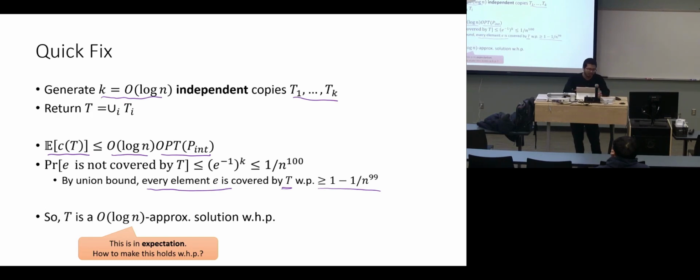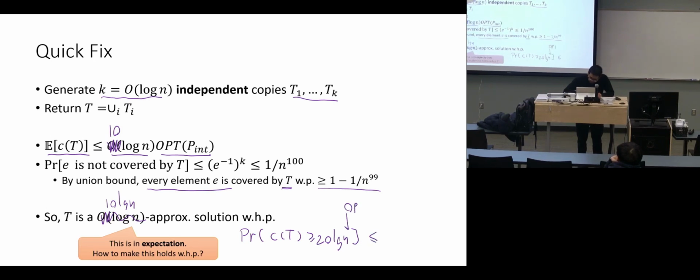But let's say that this is 10 log n. You can also do it from scratch again. What I mean is, if the expectation is 10 log n, then the probability that this cost is more than 20 log n times opt is going to be at most half, just by Markov.